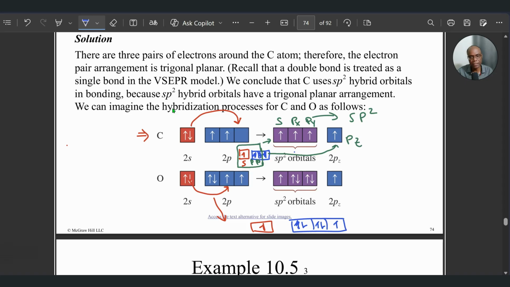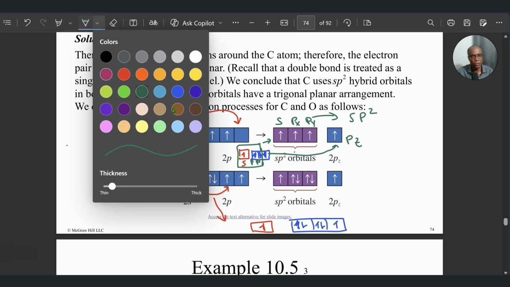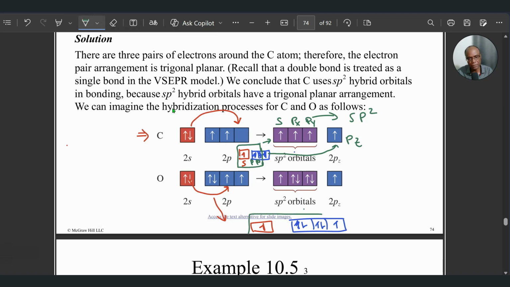One is not paired up. And since we need to make a pi bond, only these are going to take part in hybridization. This one will be unhybridized, just like we did with the carbon, where the pz was unhybridized.